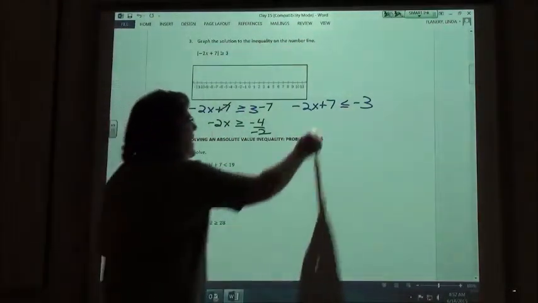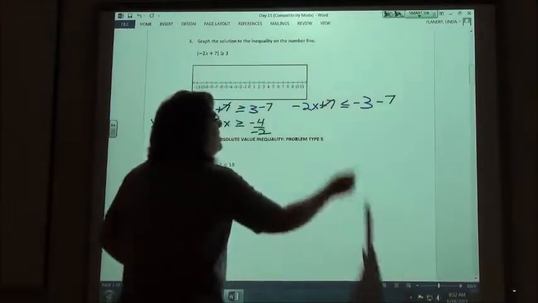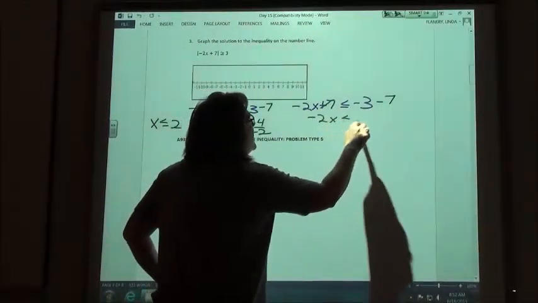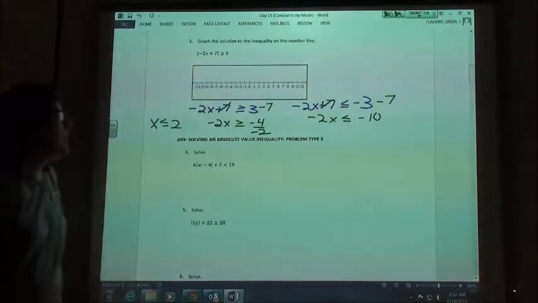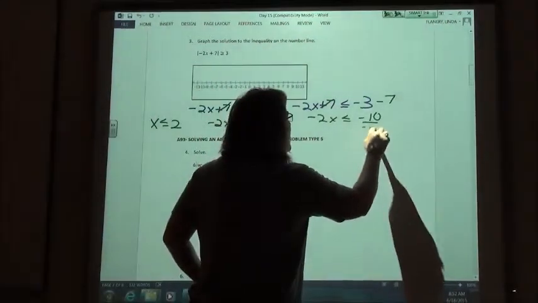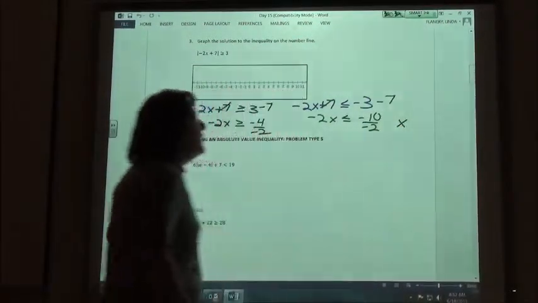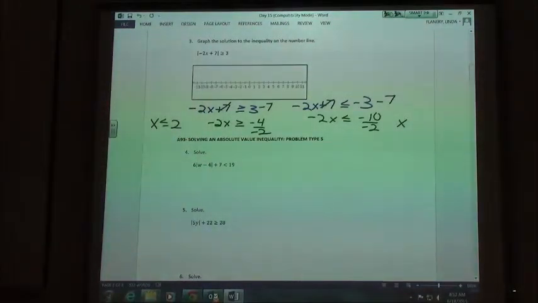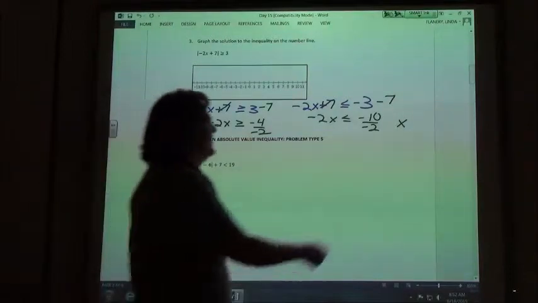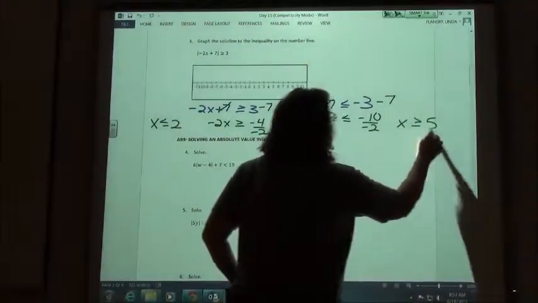On the other one, again, I'm going to minus my 7. So negative 2x is less than or equal to negative 10. And when I divide by negative 2, my answer is x is greater than or equal to 5.